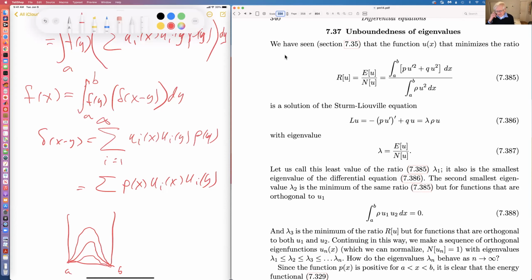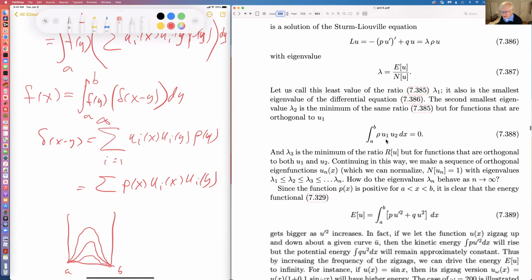So the unboundedness of the eigenvalues, well, it's pretty obvious if this is the expression that the eigenvalues are going to be unbounded, because you can make E arbitrarily big. E of u is sort of the energy of the function u. You just, without making N of u, the norm of the function u, big, what you do is you just make u wiggle a great deal.